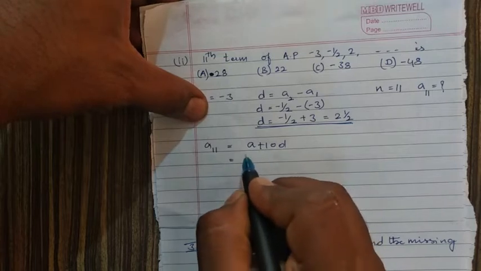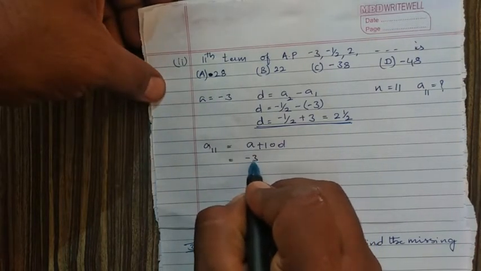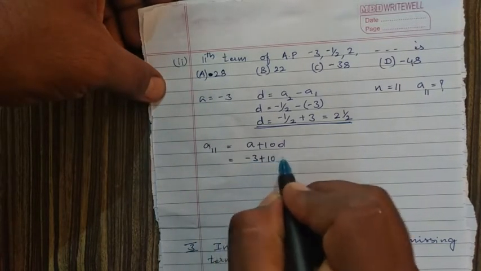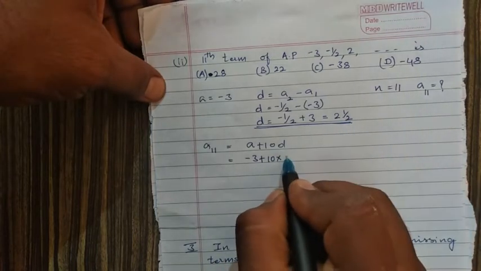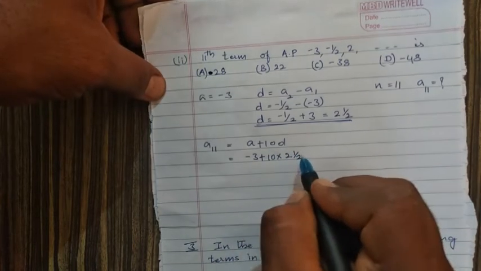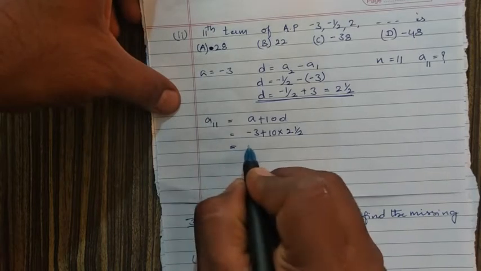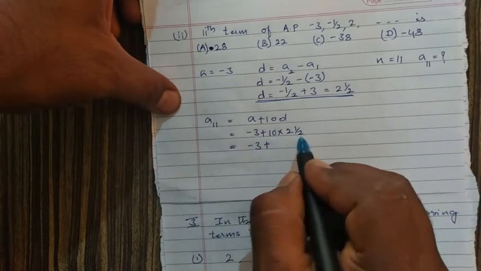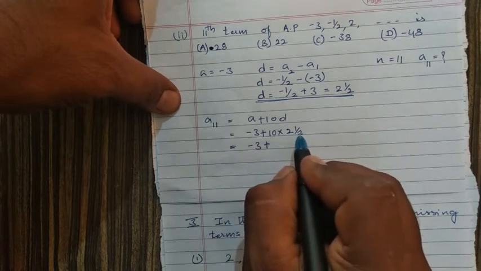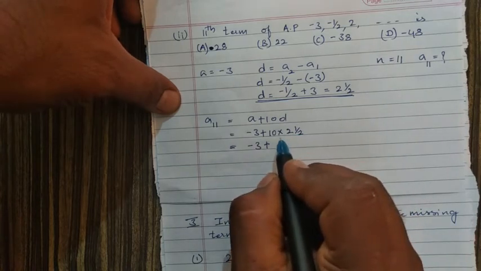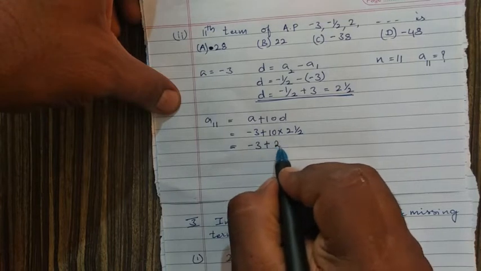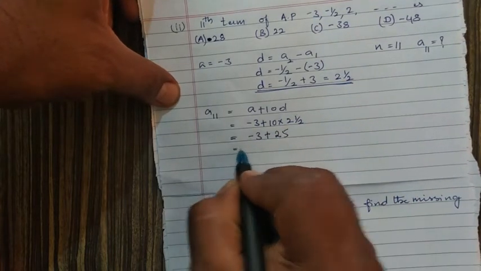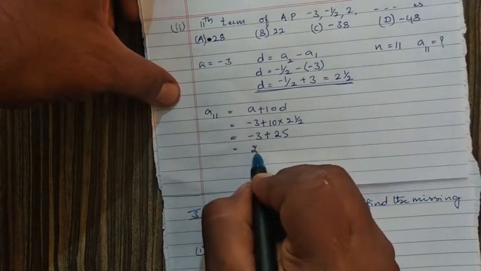Now A is -3 plus 10 into, what is the difference? 2 1/2. Then 10 into 2 1/2 means 10 into 2.5. 10 into 2.5 is 25. So -3 plus 25 is plus 22.